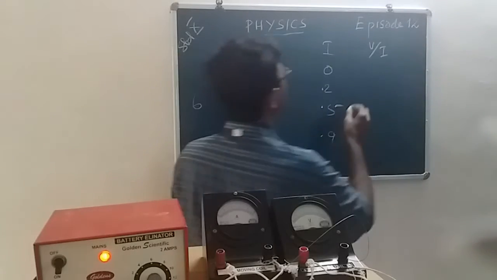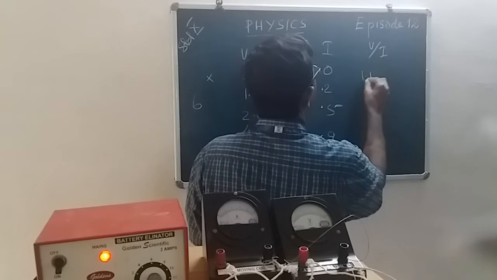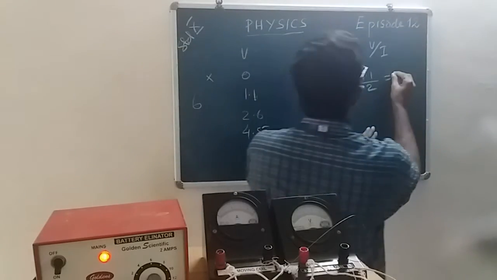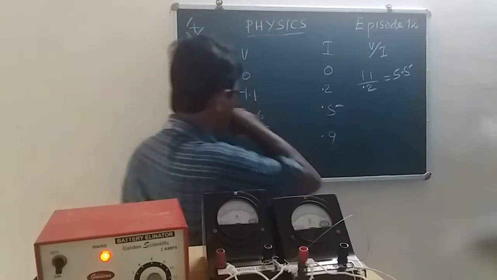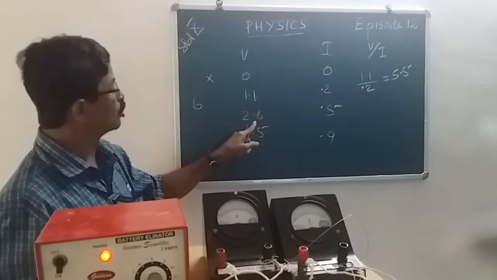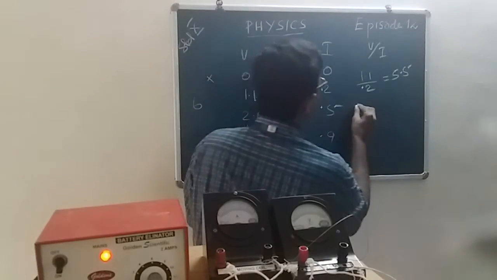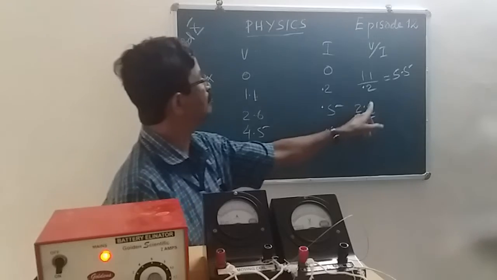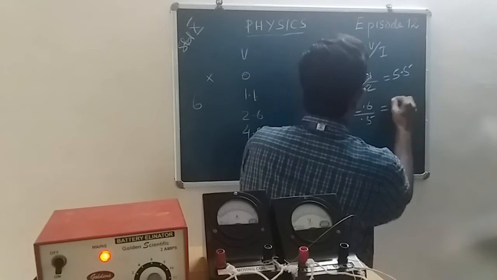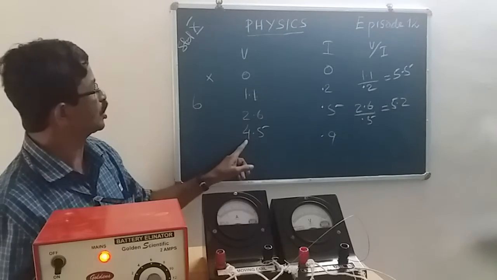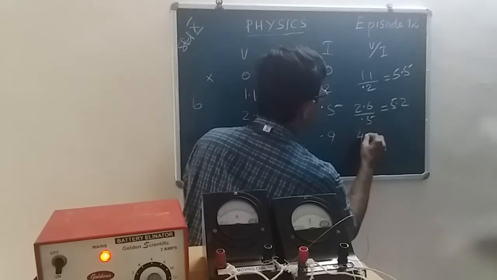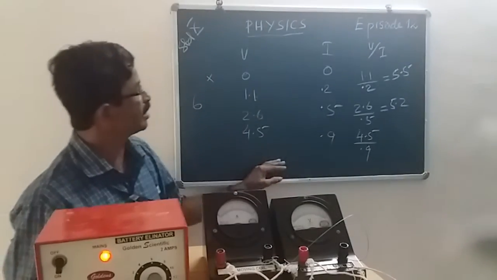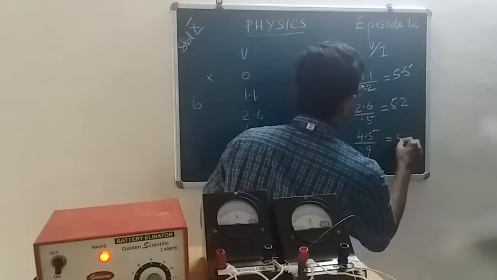Now V by I means 1.1 divided by 0.2, which comes to 5.5. Then 2.6 divided by 0.5 gives 5.2. And again 4.5 divided by 0.9 gives 5.